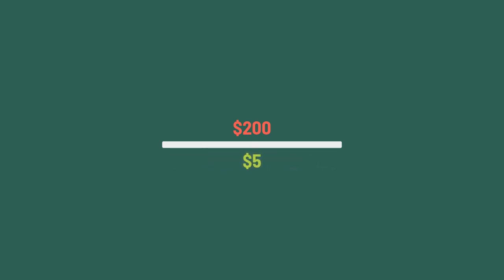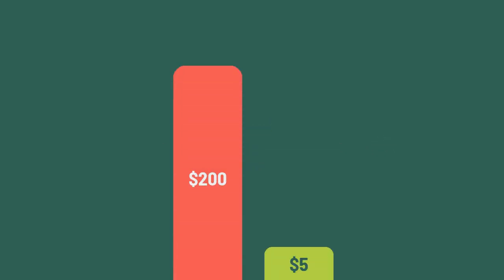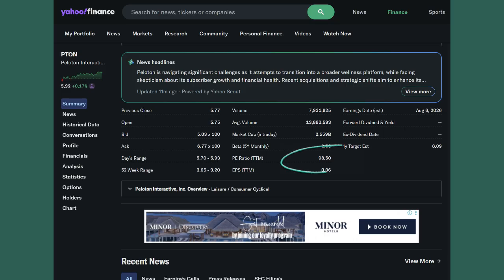And therefore, their P/E ratio is 40. So you're paying up to 40 times their earnings per share, or you're valuing each dollar of profits at $40. So as you can see, it's a much higher P/E. And to your surprise, in the current market, you can find companies with P/E ratios up to 100. So investors are willing to pay up to 100 times their earnings for the stock.